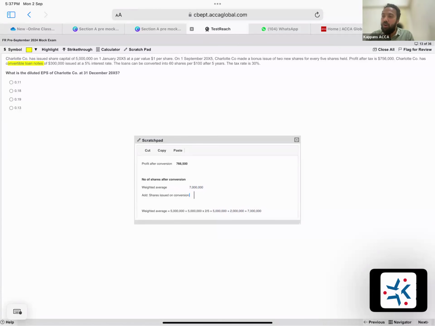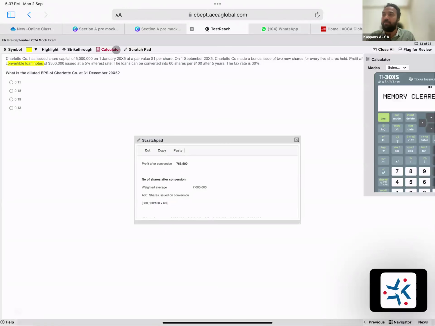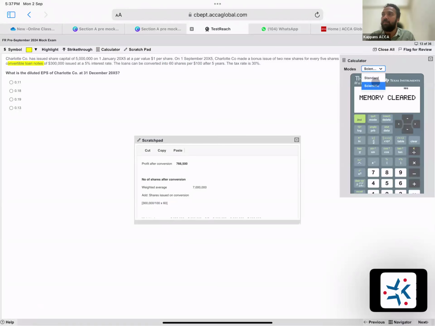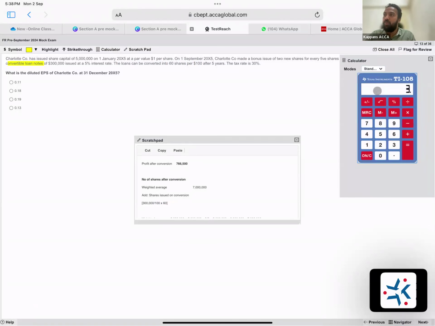Add shares issued on conversion. So how much is the loan note amount? 300,000. And how is it getting converted? The loans can be converted into 60 shares per $100. So 300,000 divided by 100 into 60. So you can use calculator for that. So 300,000 divided by 100 multiplied by 60, that is 180,000.